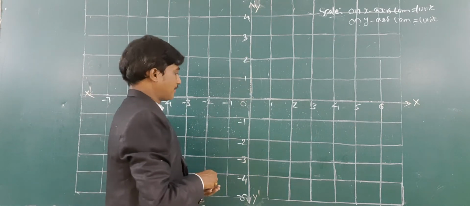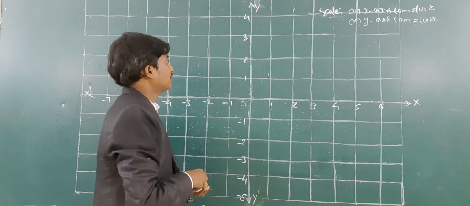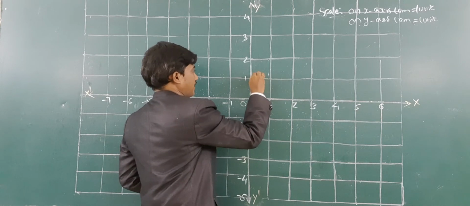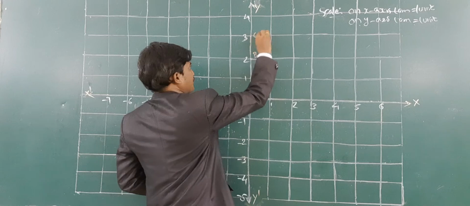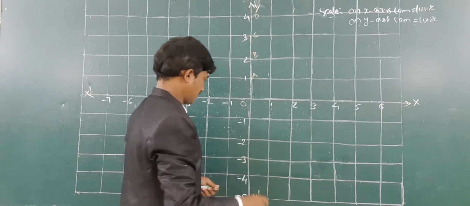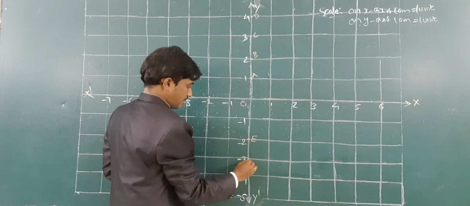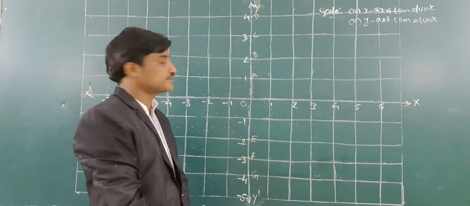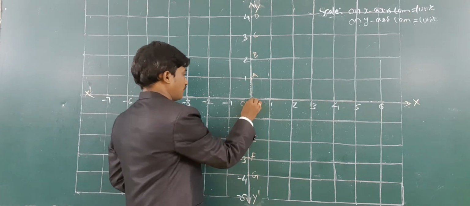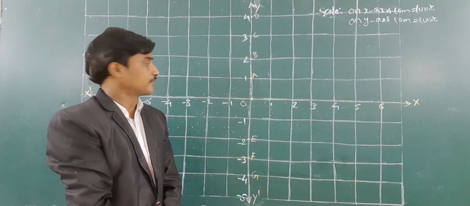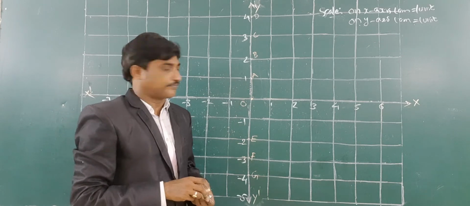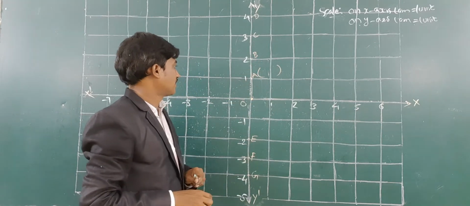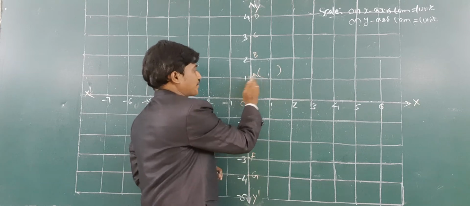Here I am taking some points on the y-axis, particularly the points A, B, C, D, E, F, Z. Let us write the coordinates of these points and also of O. Coordinates of A: the distance from the y-axis to a point is called the x coordinate.